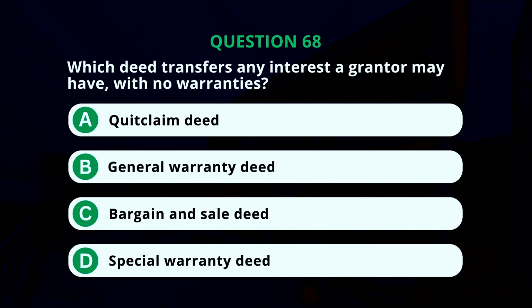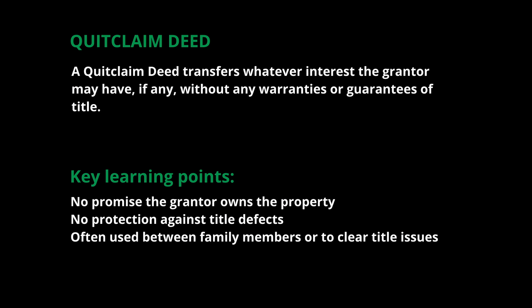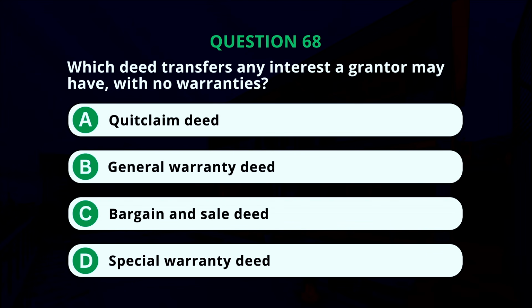Question number 68. Which deed transfers any interest a grantor may have with no warranties? Letter A, quitclaim deed. Letter B, general warranty deed.